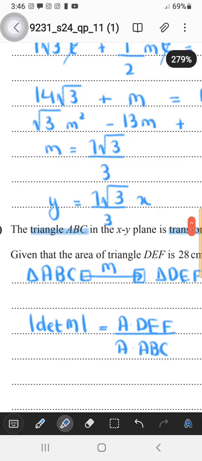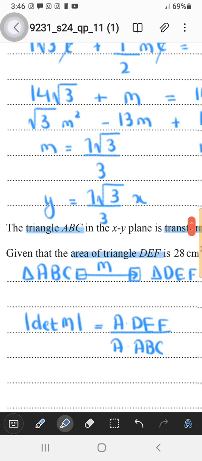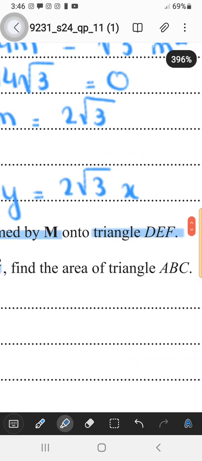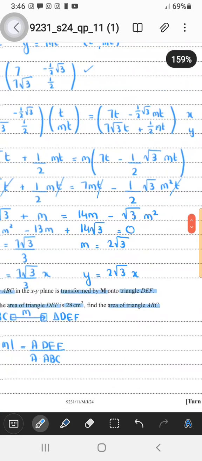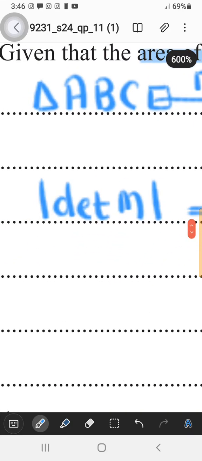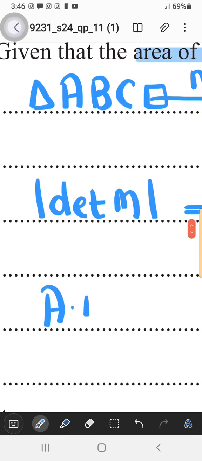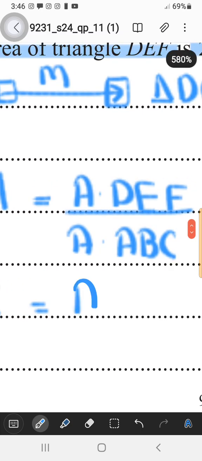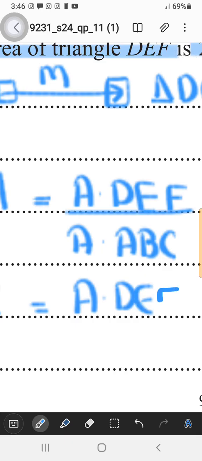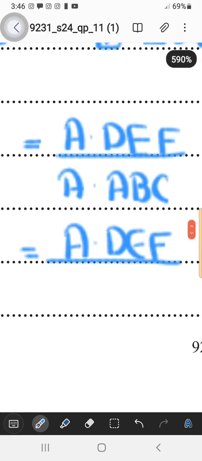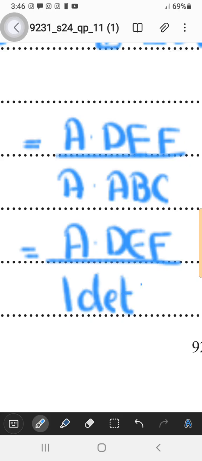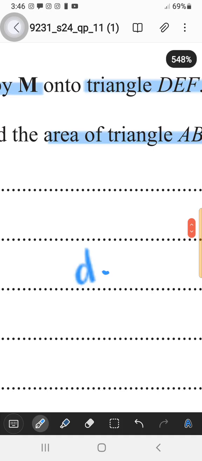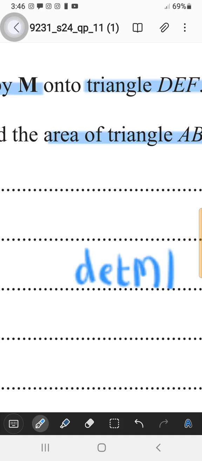The question says, given that the area of triangle DEF is 28 centimeter square, find the area of triangle ABC. So we will write that area of ABC equal to area of DEF upon modulus determinant m. Okay, now we will find determinant m as a modulus.